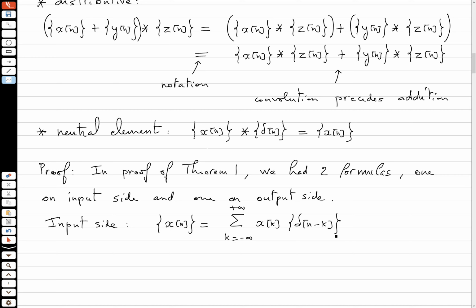Does it look like the formula we found? Yes. Now, look, what is this? It's nothing but x of n convolved with delta of n.